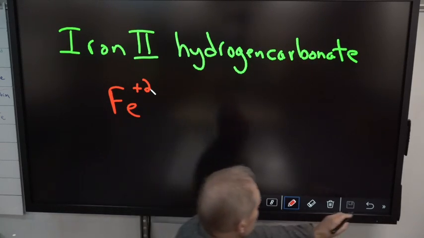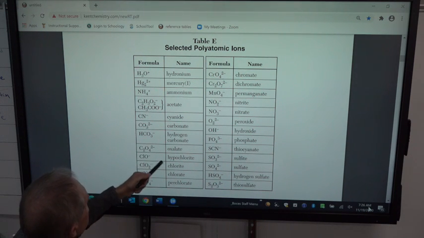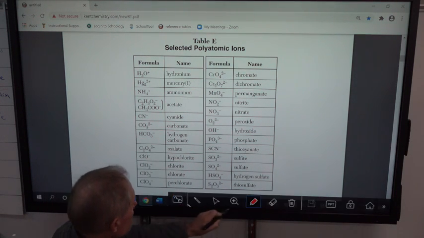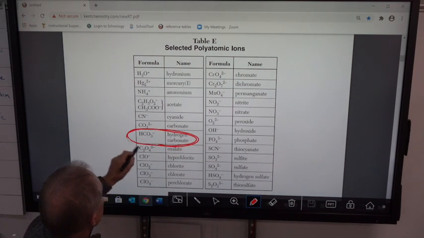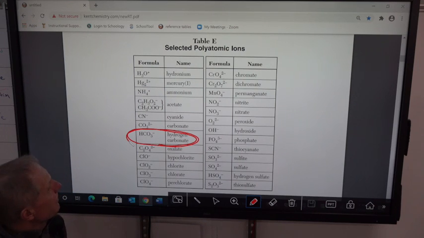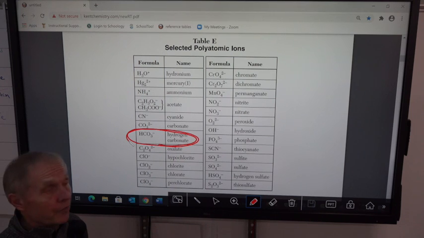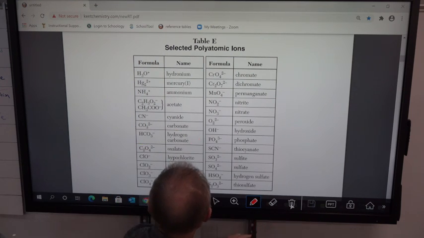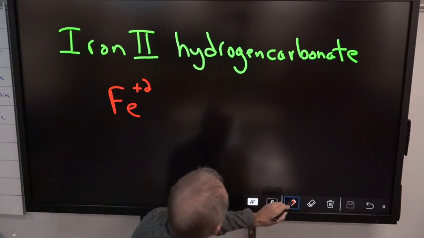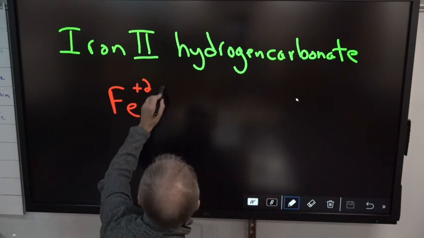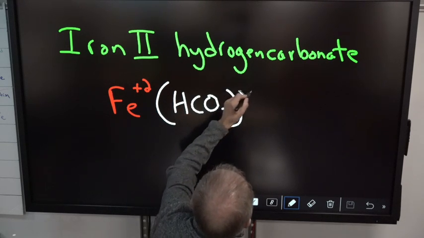Well, let's check it out. Hydrogen carbonate. Let's see. There it is right there. So now, look what hydrogen carbonate is. HCO3 minus 1. So that's what you put down. So you go, parentheses, remember, HCO3 minus 1.